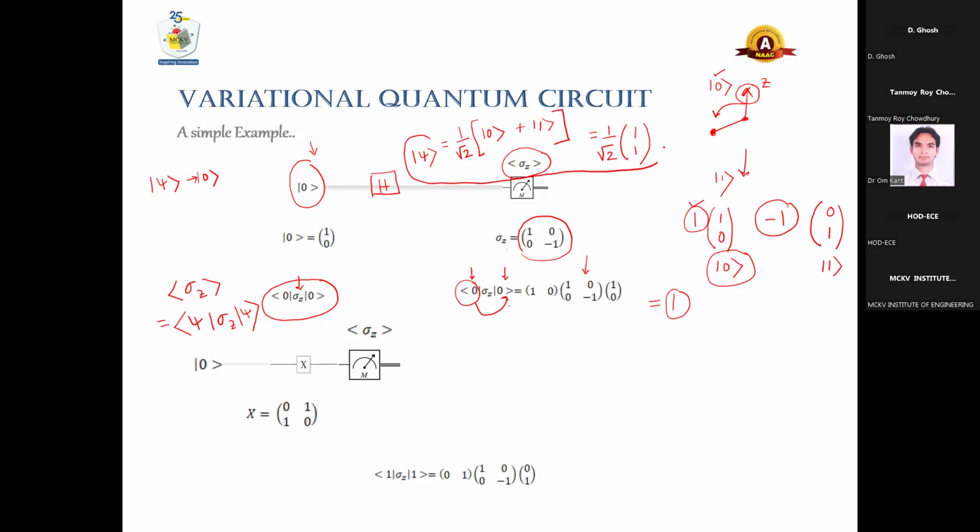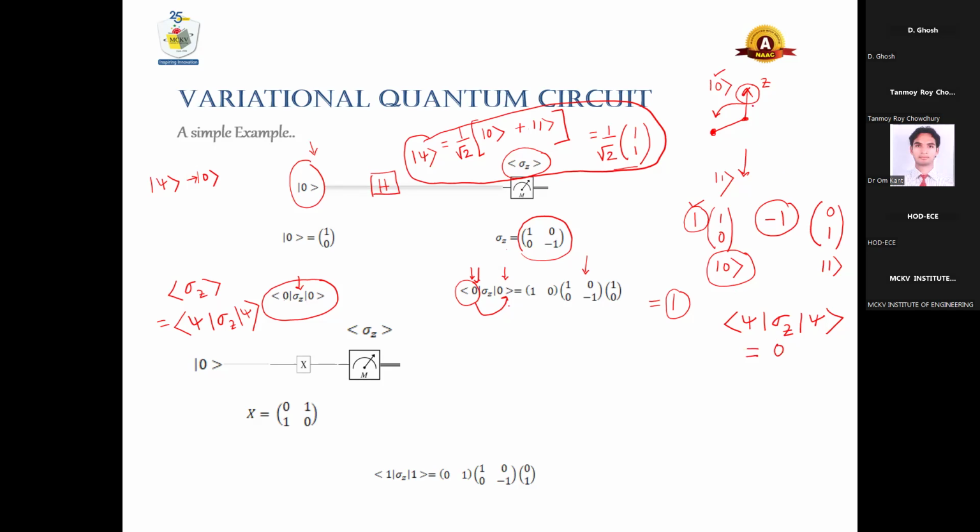This is what your state psi is. It is no longer ket 0. It is ket psi. Now, if you wish to calculate the expectation of sigma z, I encourage you to calculate it, and I'm sure you will get a value 0.